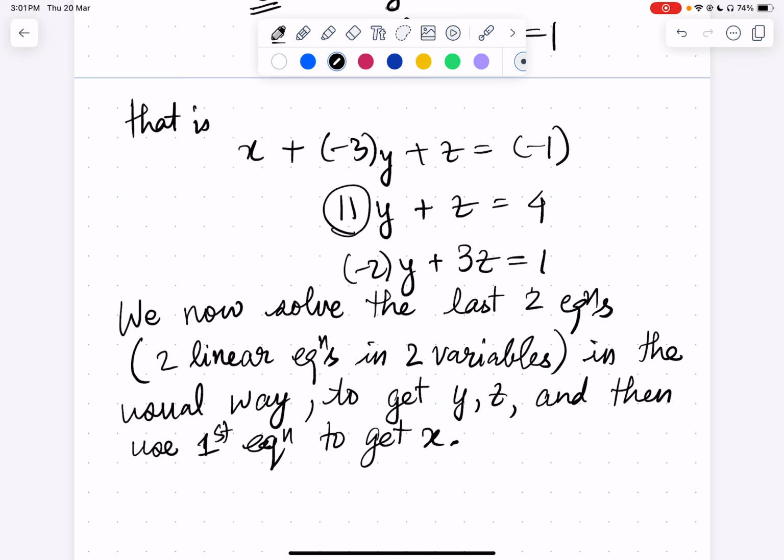So we'll finally get all three variables x, y and z. So solving the last two equations is our goal.